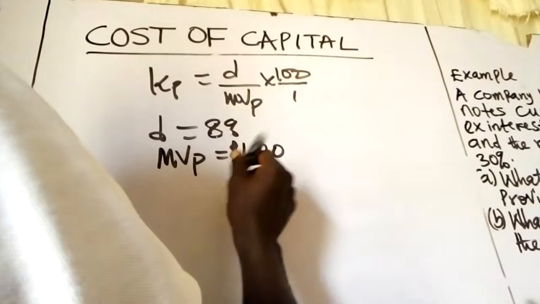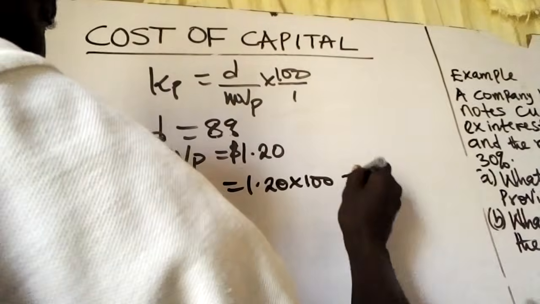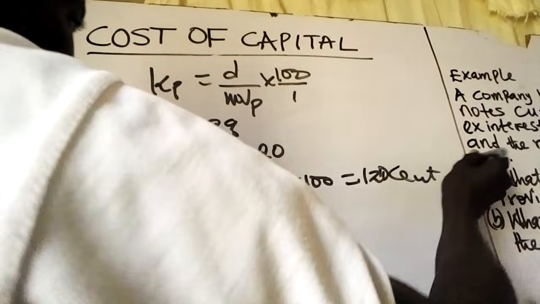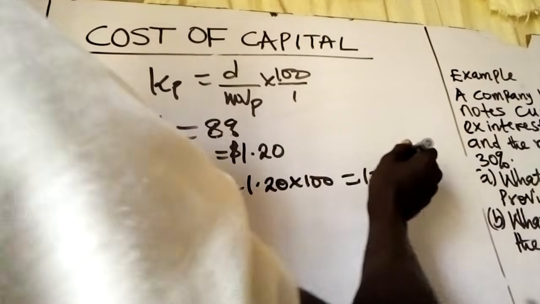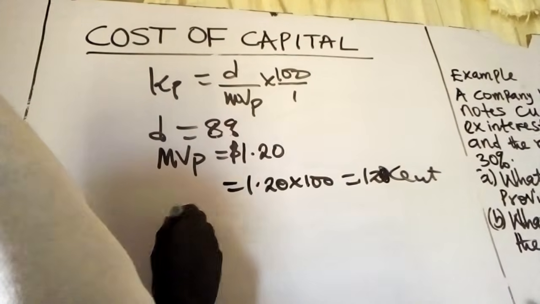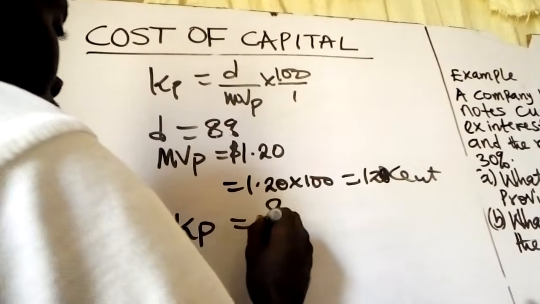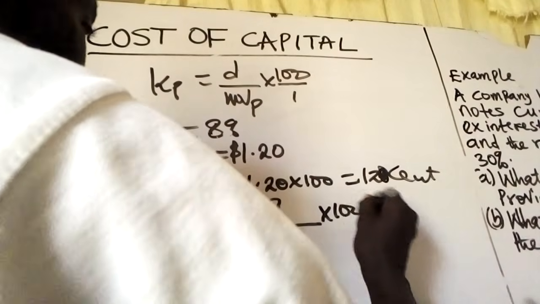So we have 1.20 times 100, that will give us 120 cents, that is 120 kobo in the Nigerian context. So the cost of preference share: the dividend is 8 over the market value 120 times 100.